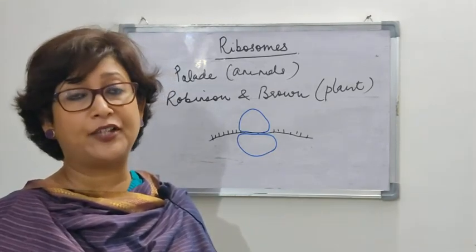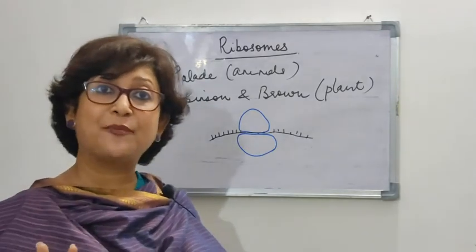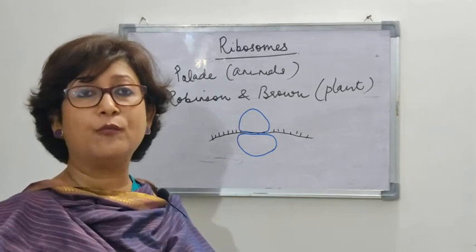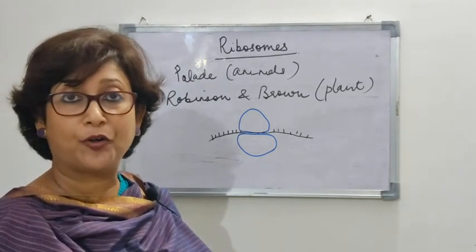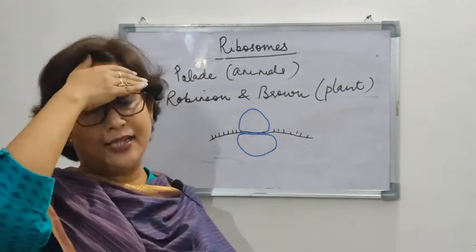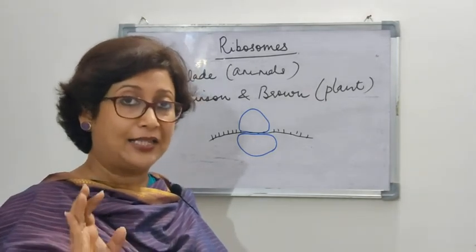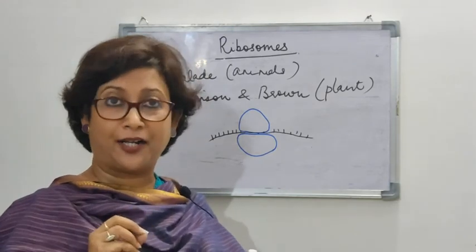Depending upon the place of their occurrence, ribosomes are of two types, cytoplasmic and organelle, right? The organelle ribosomes are found in plastids and mitochondria. If you remember, when we talked about the mitochondria and the plastids, we said that they are semi-autonomous structures, and that they have their own DNA and their own RNA, right?